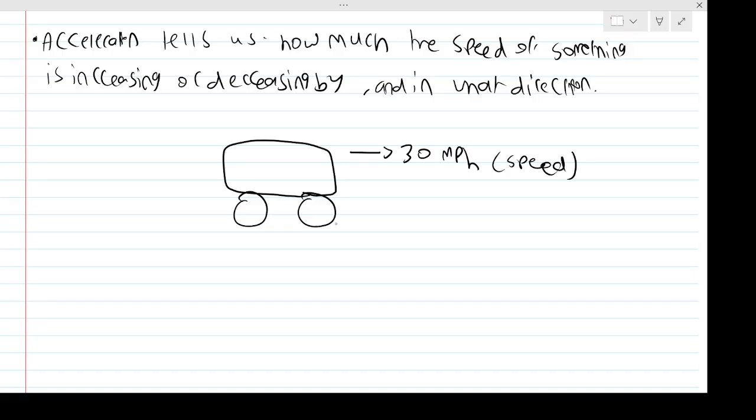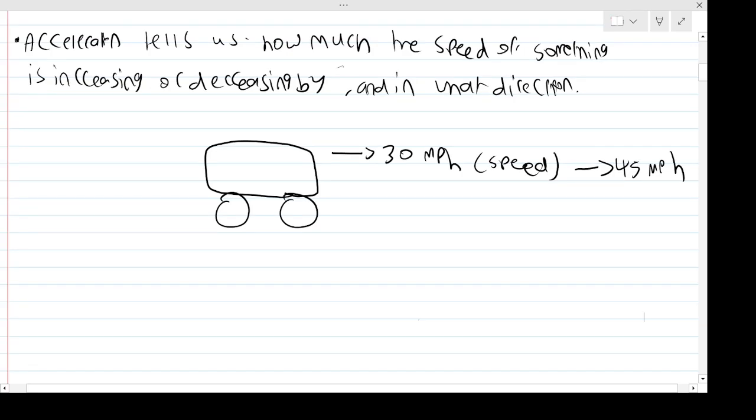Let's say they're moving to 45 miles per hour, okay? And this is over 1 hour, right? This is over 1 hour, right? So in 1 hour, the car has changed speed from 30 to 45 miles per hour.